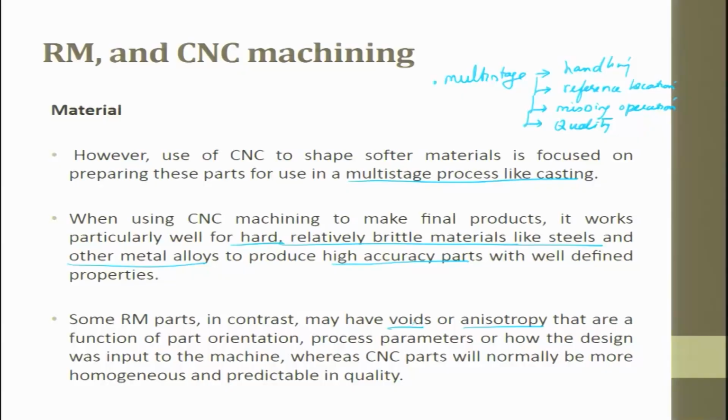strength as there was in the XY plane. So, you may have voids, you may have anisotropic properties that are a function of part orientation, process parameters, or how the design was inputted into the machine.